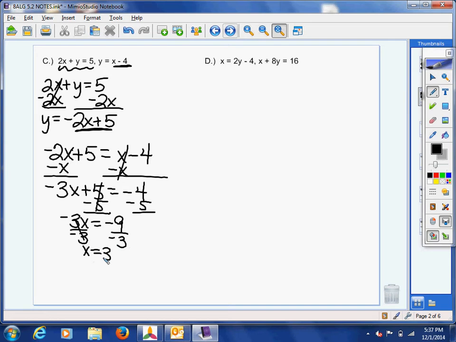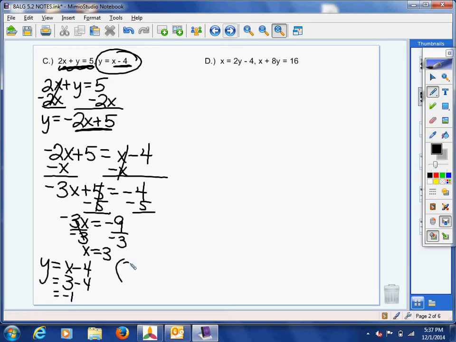Now please don't think that you are finished, because you are not. You found half of your point that we're looking for, the point of intersection. So pick one of the two original equations. That one does not make me happy. This one, yes, that puts a smile on my face. That looks easy. So we're going to take 3, plug it in for the x, and solve. So it looks like y is negative 1.